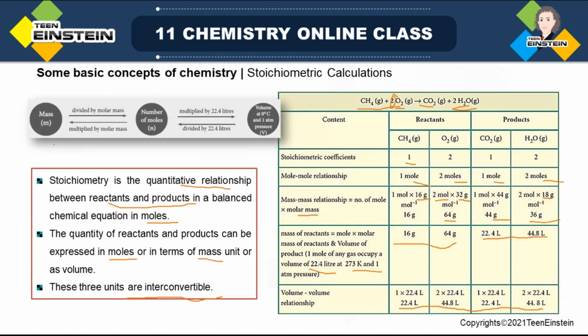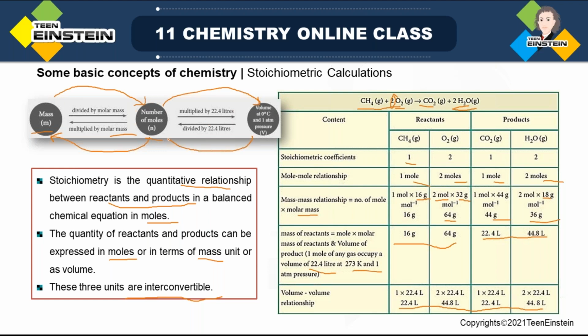If you want to convert given mass to number of moles, you have to divide it by molar mass. Given mass divided by molar mass gives you number of moles. If you want to move from number of moles to mass, you have to multiply number of moles by molar mass. And if the condition given is 273 Kelvin and 1 atmosphere, then you can also convert number of moles to volume by simply multiplying by 22.4.